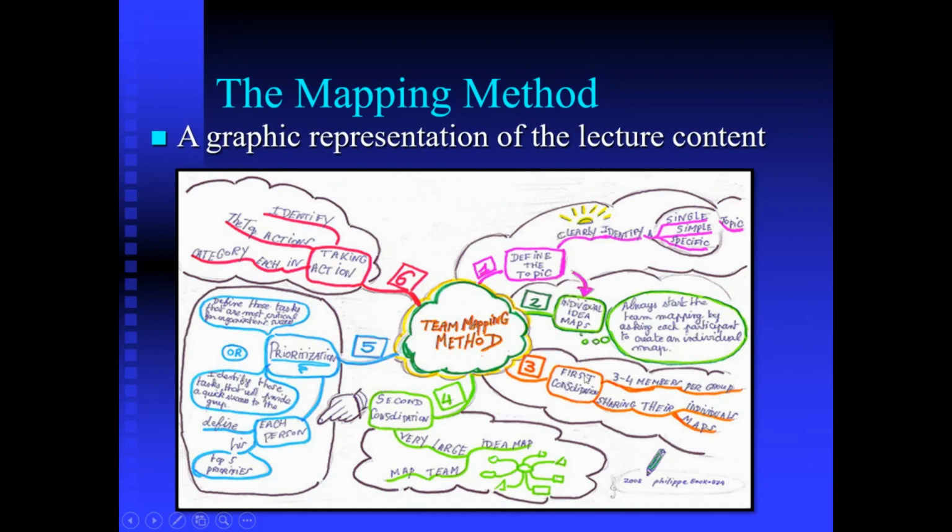I want to do consolidation. Then my mind is thinking how: individual maps, and consolidation of 4 members per group and so on. In this way, you can represent your mind thinking, or the lecture or the meeting that you are in, as a beautiful mind map.